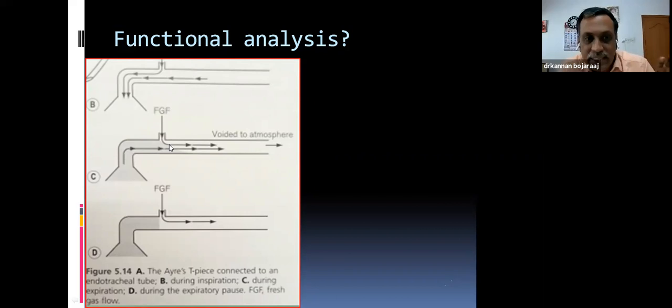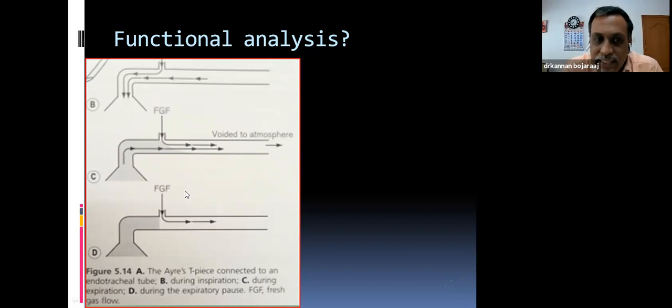Then next is the mixed alveolar gas, the gas which takes part in alveolar gas exchange, and then next it goes inside into the expiratory limb. And this fresh gas flow is most important because it will push or vent out all the gases present here in the expiratory limb to the atmosphere. That is voided to the atmosphere.